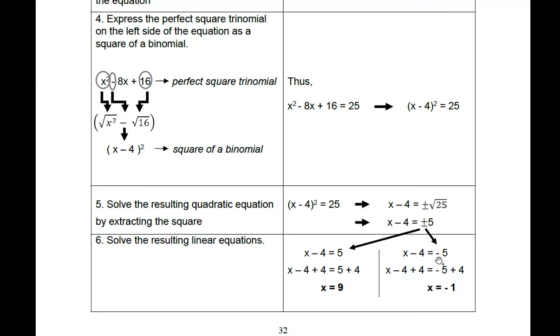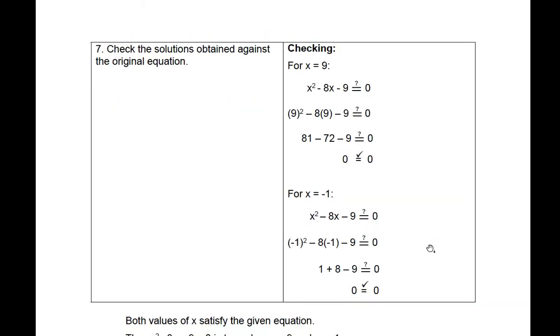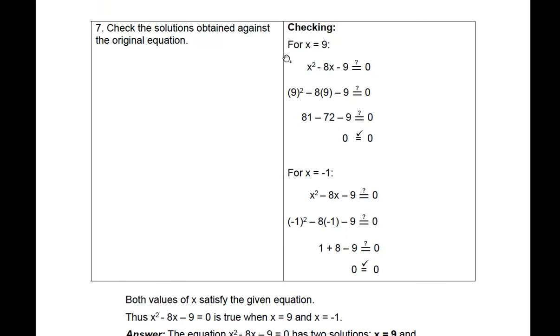X minus 4 equals negative 5. So, find the value of x. So, transpose, it becomes positive, cancel out. Then, x equals 9. This one, from negative to positive, cancel. So, negative 1. So, upon checking, these are the values.